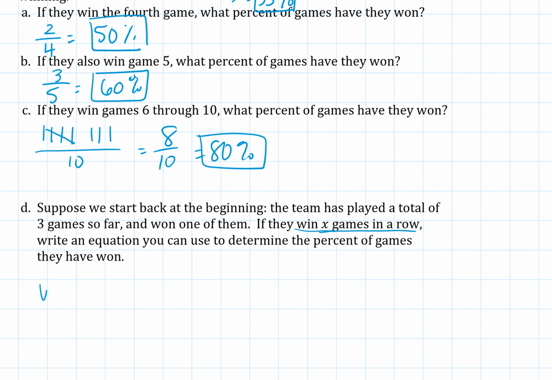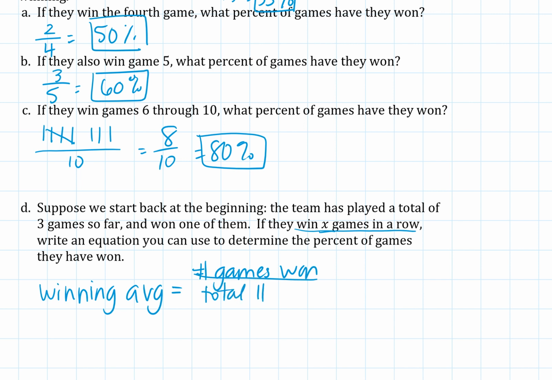Well, the winning average, and I suggest you always start writing an equation in words to help you make sure it makes sense logically before you use algebraic representations, is always the number of games that you've won out of the total number of games that you have played.